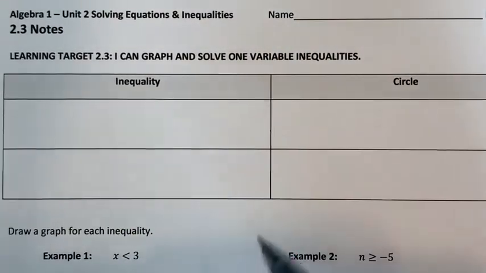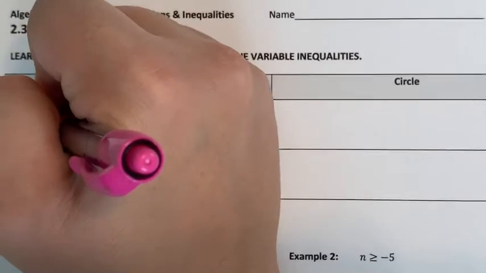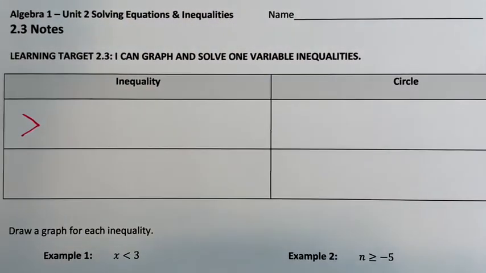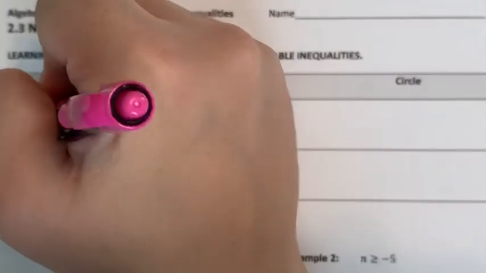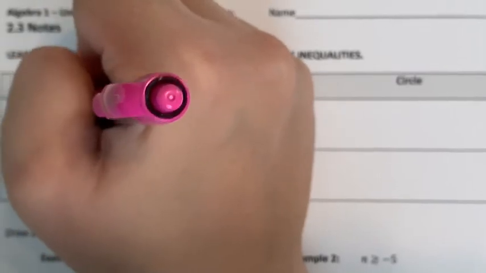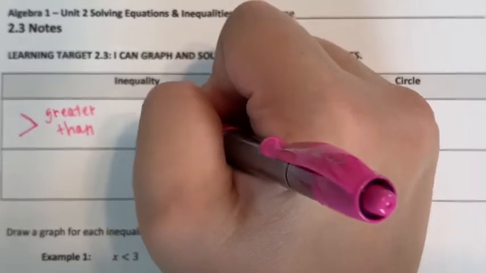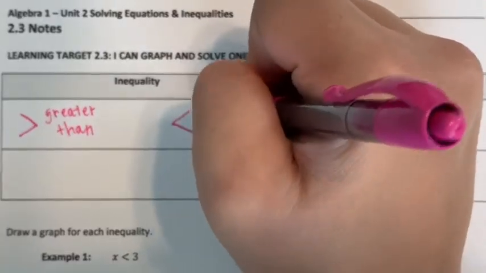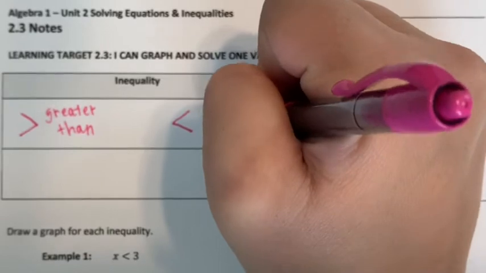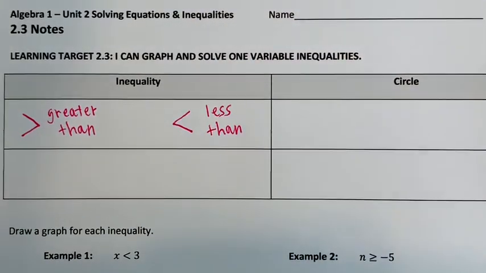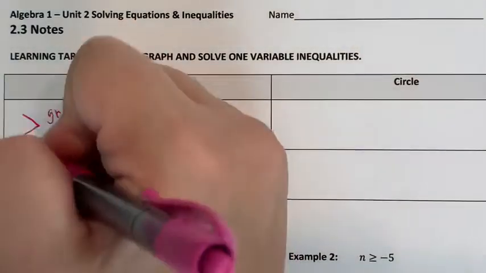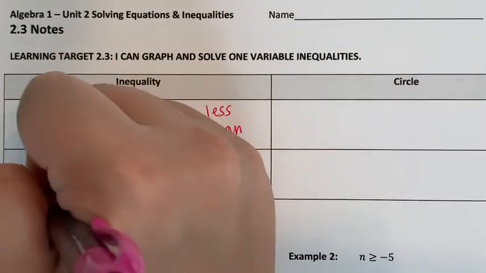The first type of inequality sign is this, and it is called the greater than sign. And then this is the less than inequality sign. So greater than and less than. And then we also have greater than or equal to.